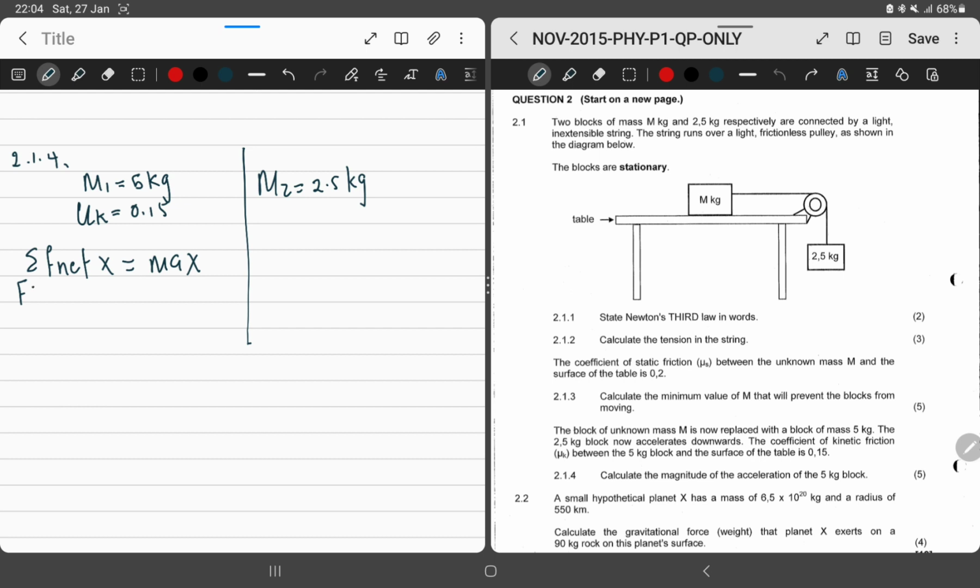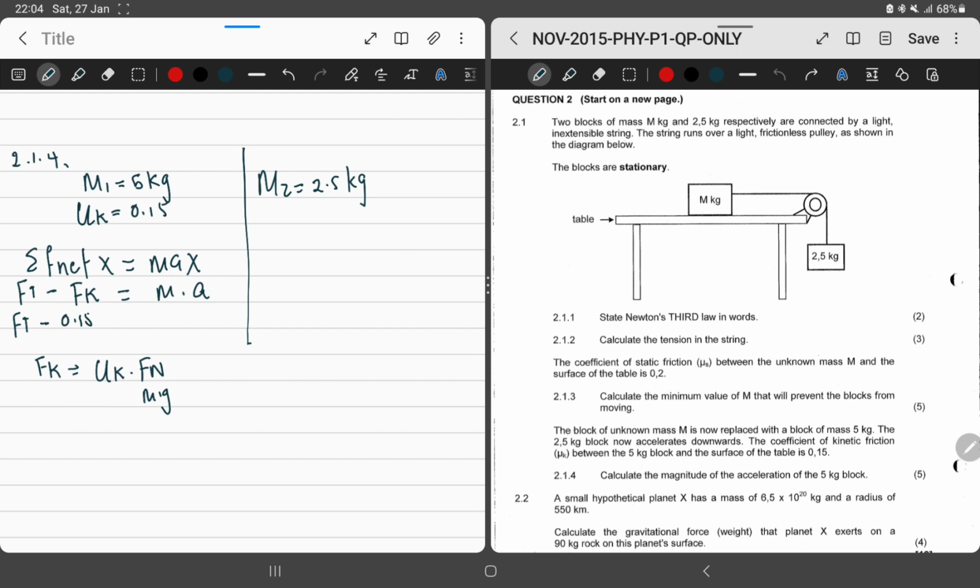We will have force of tension minus force of kinetic friction, which is equal to the mass multiplied by the acceleration. The force of tension we do not know, but we do know that F_k is equal to mu_k multiplied by the normal force. The normal force is just mass multiplied by the gravitational acceleration. So we're just going to substitute.